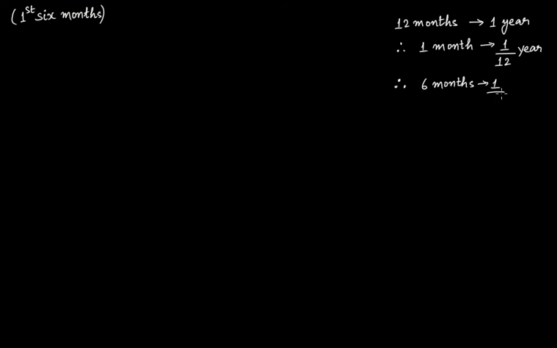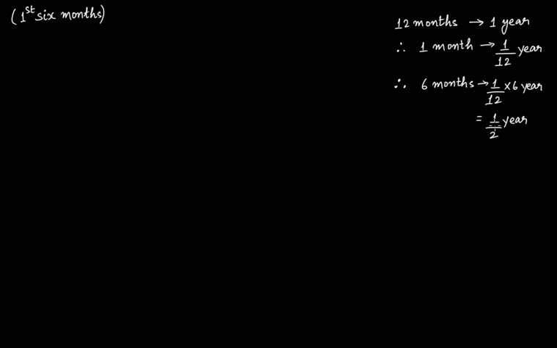If 12 months represent 1 year, therefore 1 month will be 1 by 12 year, therefore 6 months will be 1 by 12 multiplied by 6 year, that is 1 by 2 year, right? 6 months is 1 by 2 year.